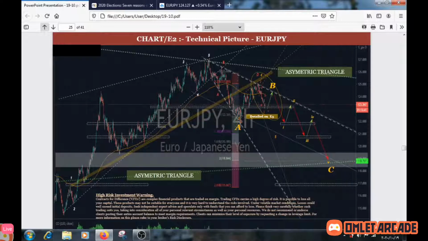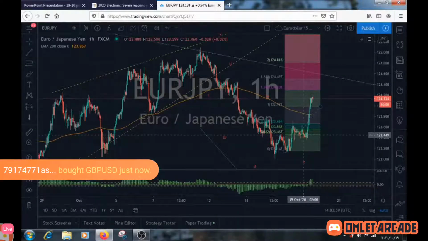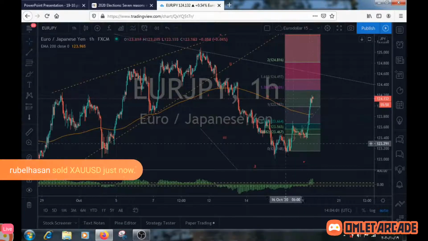Okay, so what we've actually seen now, this is a 4-hour chart, and we have seen this correction complete.